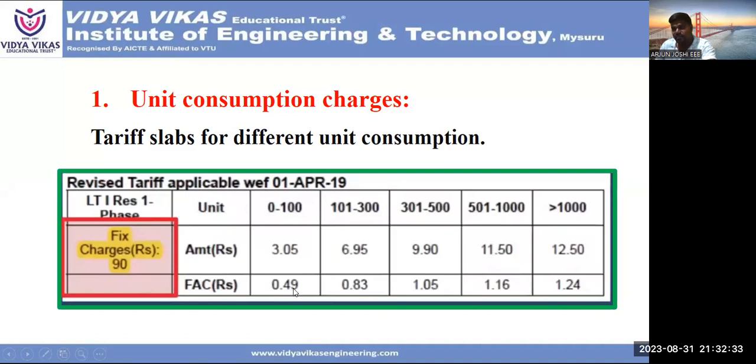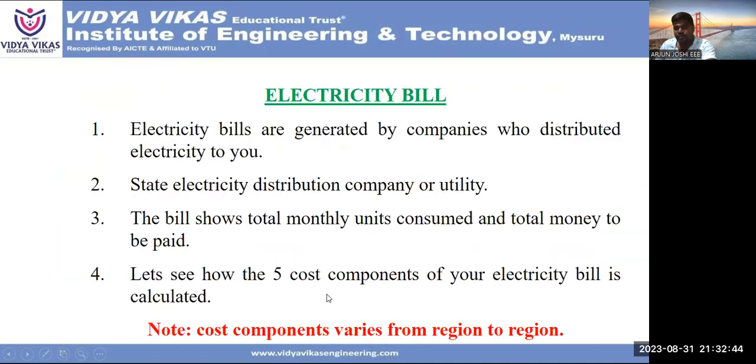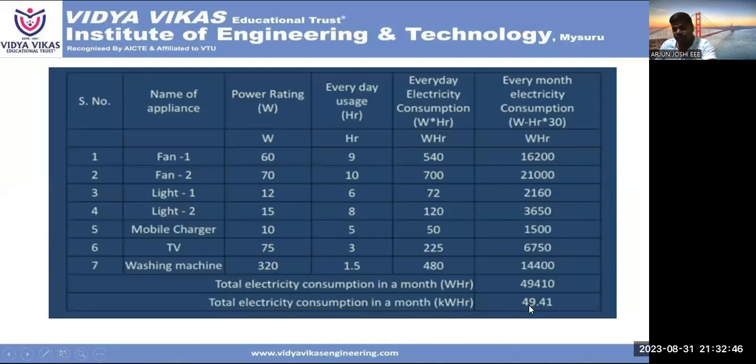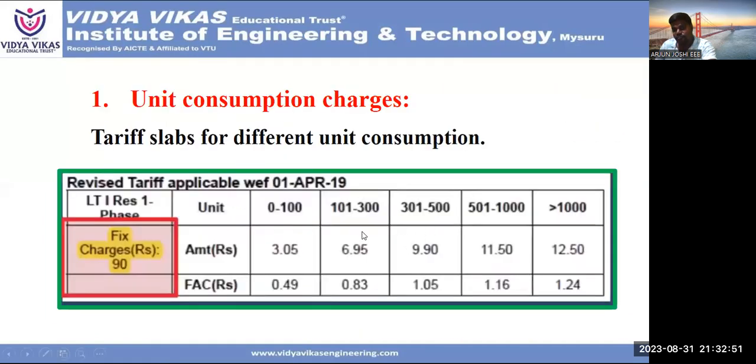If you want to calculate for your own home electricity consumption, for example, if I get 159 units, then we should take 6.95 and 0.83.